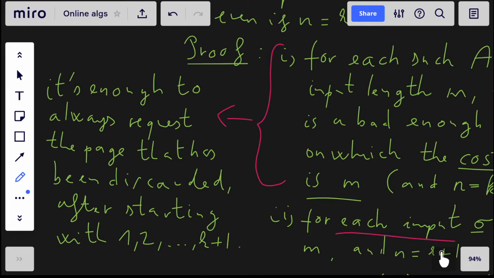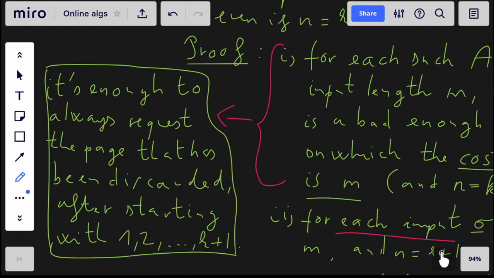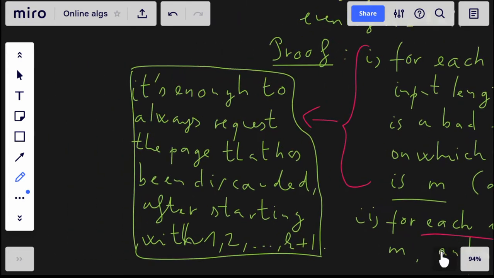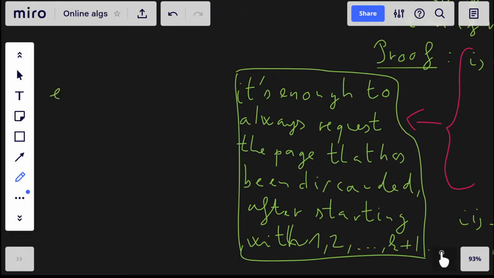If you always request the page which has been discarded, well, even if you don't know the inner state of the algorithm, there is a possibility. So the input sequence itself exists even if you cannot really construct it, and since it exists, it has to be taken into account. So for example, against FIFO, first in, first out, I will just ask for 1, 2, and so on, K plus 1.